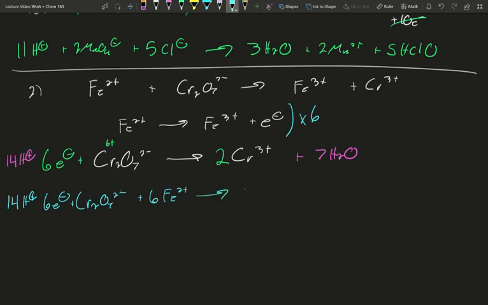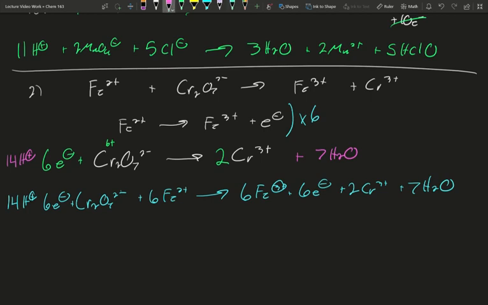All that's going to go to 6 Fe3+, 6 electrons, 2 Cr3+, and 7 waters. And so we had 6 times the iron reaction to get the electrons to be the same. We just needed the dichromate as we'd already balanced it. No need to multiply that one.